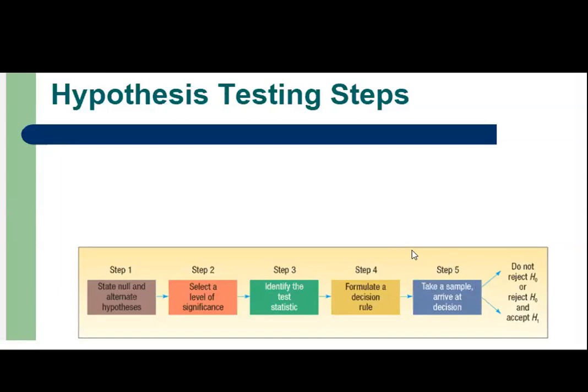Then at the end of the work, we run the test, we come up with the p-value, look at the confidence interval, check our tests, and decide to reject H0 and accept HA or H1, or do not reject H0, okay?